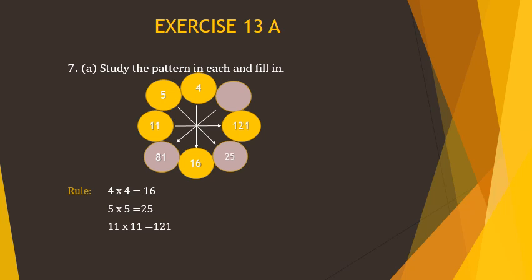Now children, the other number which is given, written at the head end of the arrow, is 81. So what will be the number at the other end of this arrow? Well, according to the pattern, the number will be 9, because 9 multiplied by 9 is equal to 81. Therefore, the number is 9.